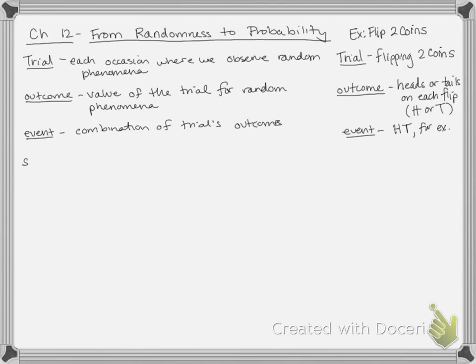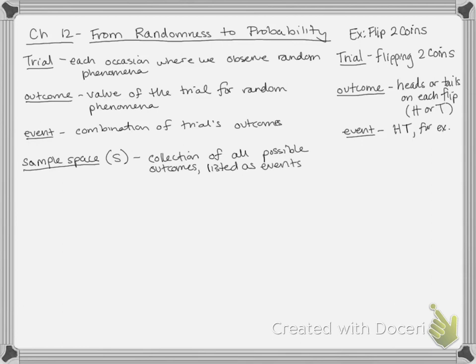And then the sample space, which is written usually as a capital letter S, is the collection of all possible outcomes. And then the way I like to write this is listed as events.